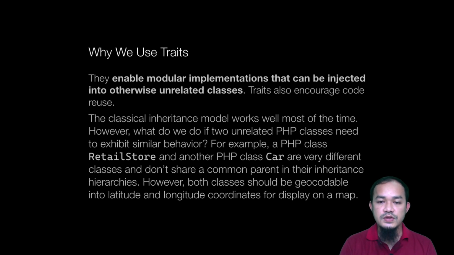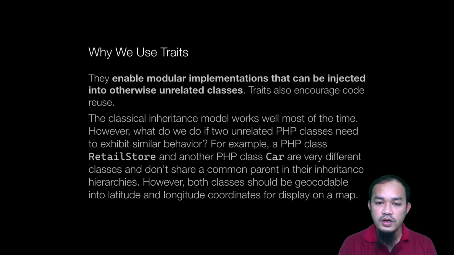So to use different things with the same purpose, we can use a trait as the middle piece to work with. If you look at the two classes, retail store and car, they share one purpose that they have to use.